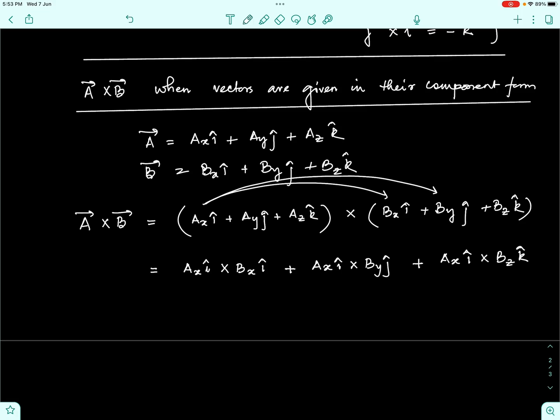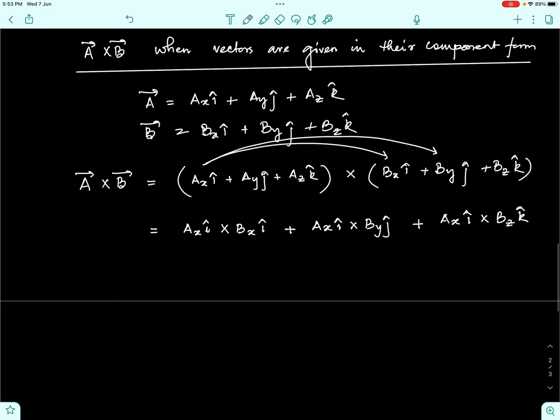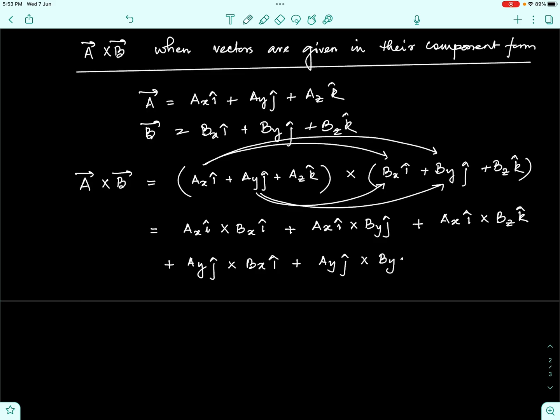Now we take the Ay j cap component and take its cross with all three components in the second bracket. So plus Ay j cap crossed Bx i cap plus Ay j cap crossed By j cap plus Ay j cap cross Bz k cap.